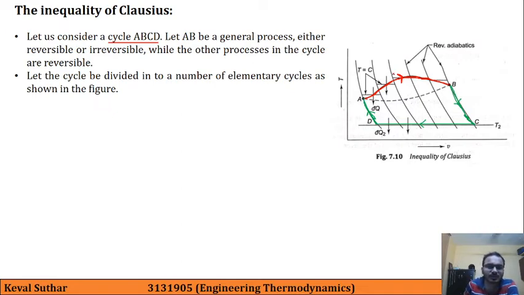Now let the cycle be divided into a number of elementary cycles as shown in the figure. So how have we divided them? Here we have taken these as reversible adiabatic curves, as we have done in our previous theory also.